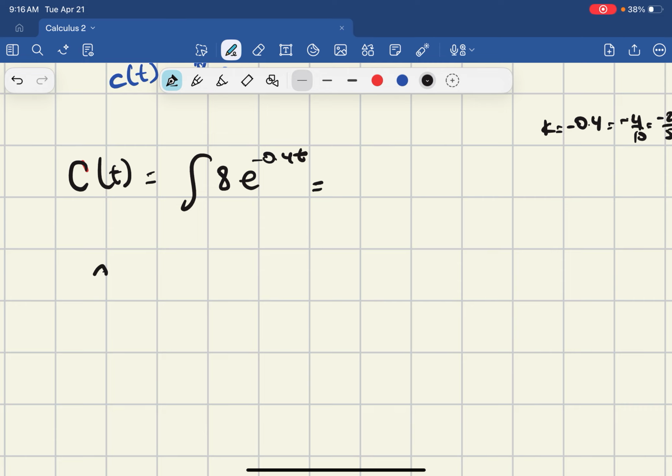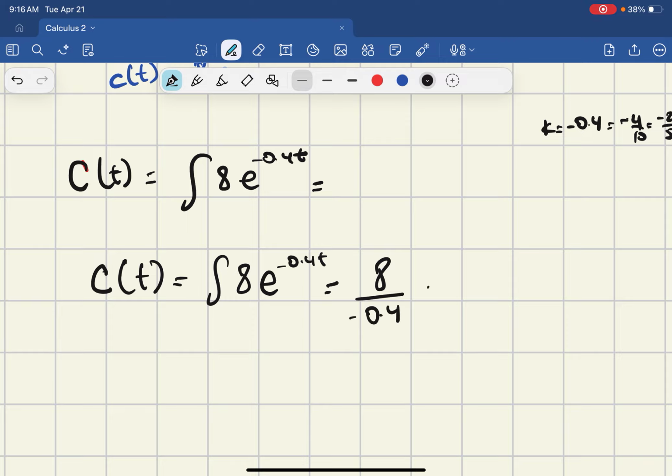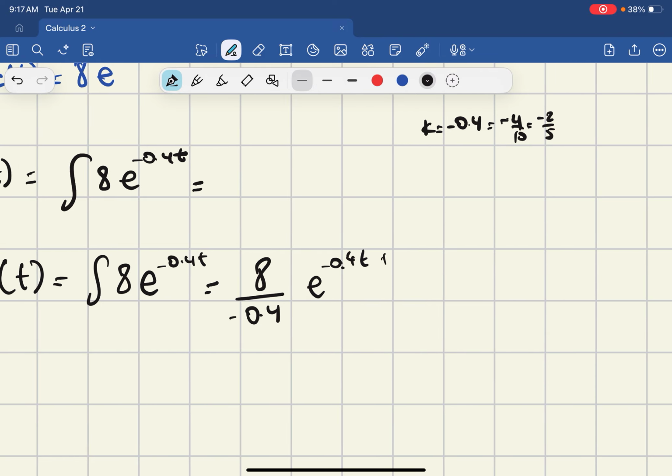It stays here. So now let's integrate this, right? C of t, we said, was the integral of 8e to the negative 0.4t. When you bring it down, I like to write it either as 8 divided by negative 0.4 times e to the negative 0.4t plus c, or you could say this is 8 divided by negative 2/5 times e to the negative 0.4t plus c.